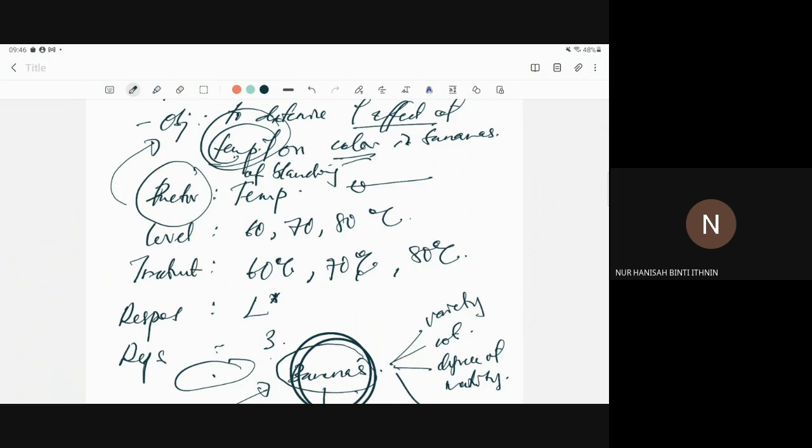But if we do not make everything else constant, for example, the variety is different, we are using different varieties of banana, then when we get the results, we cannot attribute them to the effect of temperature, because maybe it is due to the effect of different variety. That is why when we do experiments, everything else has to be constant except the factor.